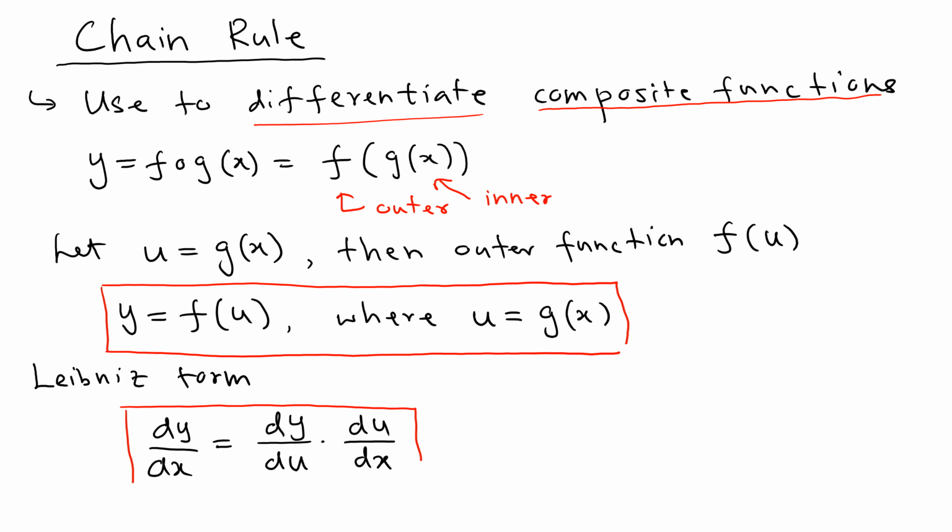So this is the Leibniz form, and there's a way to remember it. You can see you have du and du, so it looks like they cancel each other. That doesn't actually happen, but it looks like it, because d by du is an operator.